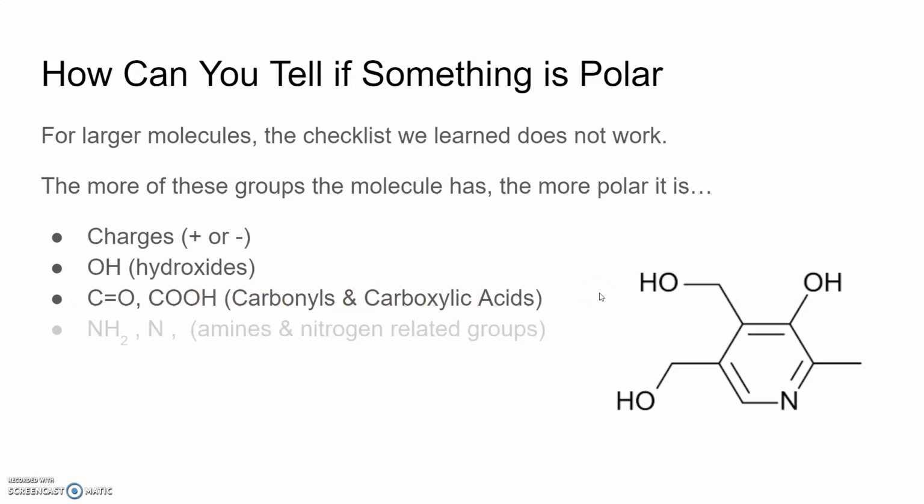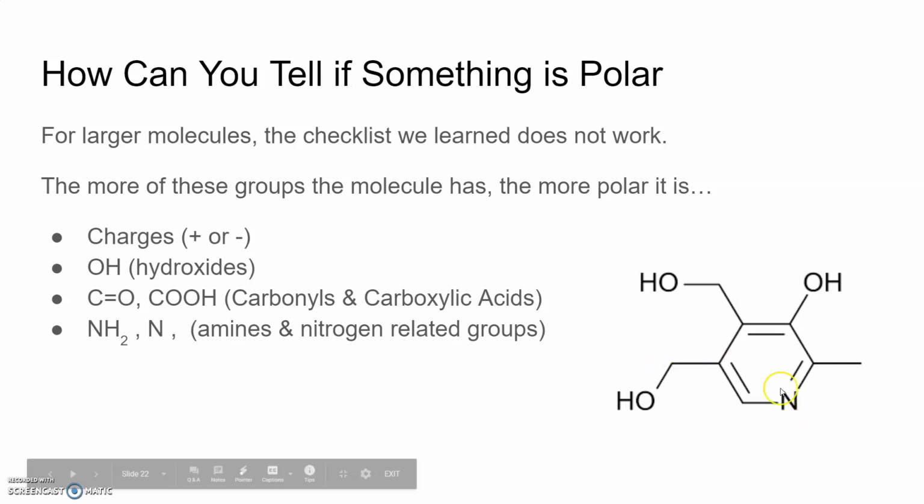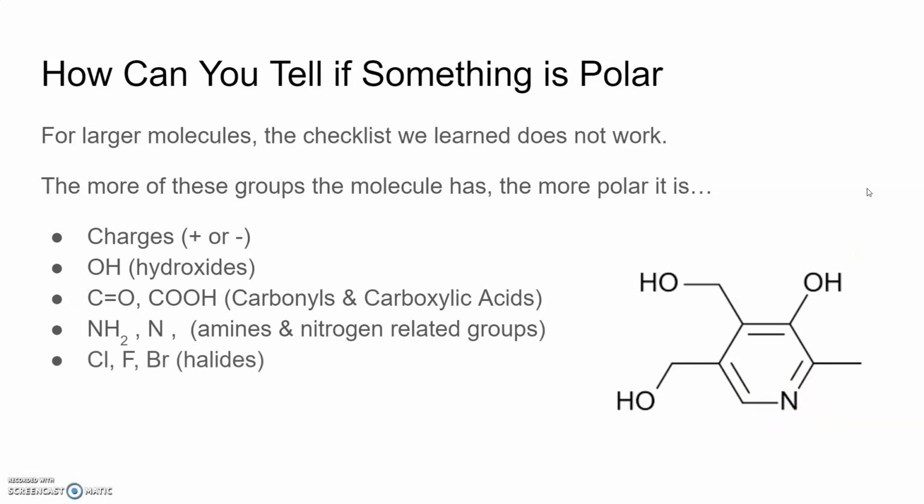The more of those you see, the more polar it's going to be. We also have amines, which are nitrogen containing compounds, or anything typically with the nitrogen in it. So here you see, for example, you have a nitrogen. Well, the more of those that I have, the more polar it's going to be. And also halides, chlorine, fluorine, bromine, for example. The more of those that I see, the more polar it's going to be.